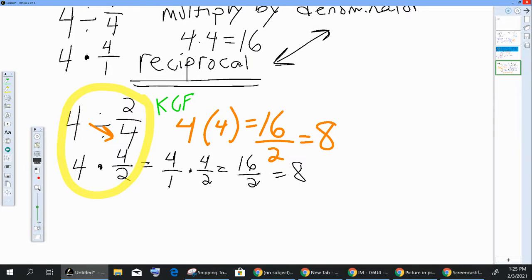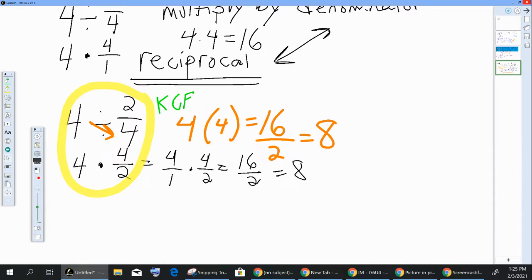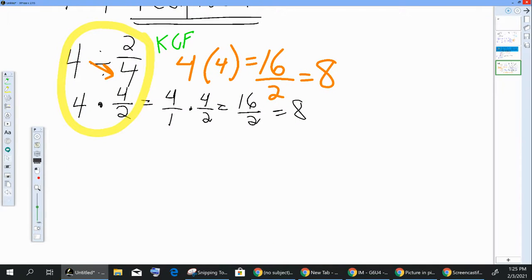And why is that really helpful? Because eventually you start looking at problems that instead of having a whole number dividend, you have a fractional dividend, like say 7/8 divided by, say it was 1/5. Well, I know that I can multiply the dividend by 5.